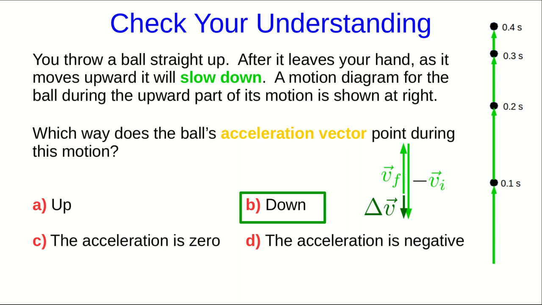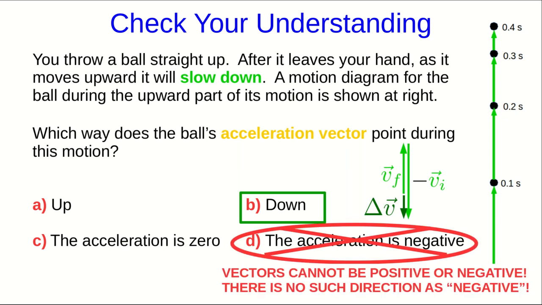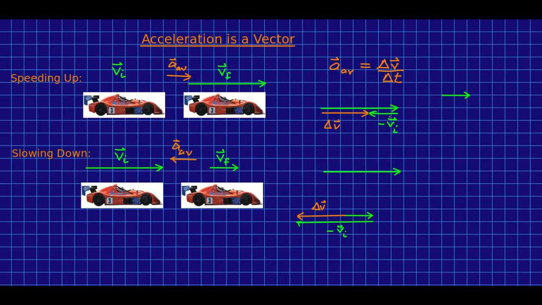As long as we're at it, I'll just quietly remind you of something that I might have mentioned before. Vectors cannot be positive or negative, and there's no such direction as negative. As I hope you're getting used to, the vectors, by which I really mean the arrows, do not depend on our coordinate system, and so I haven't defined coordinates.